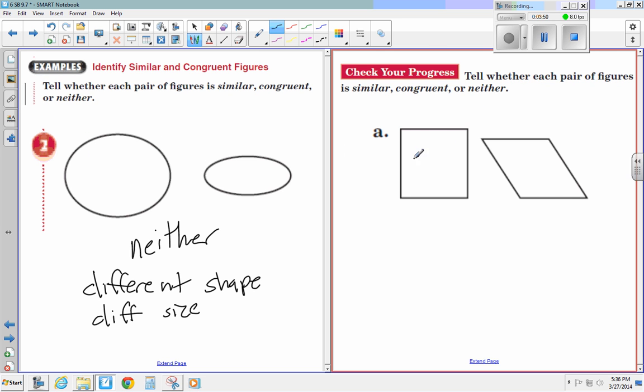All right, let's take a look at these. Hopefully after watching these two examples, you can take a look at this and right away determine that they are neither, because again, they are a different shape.